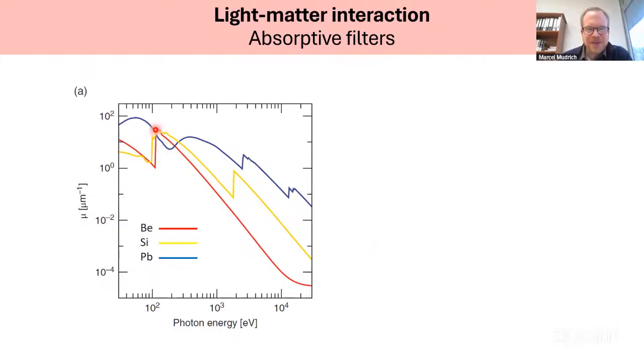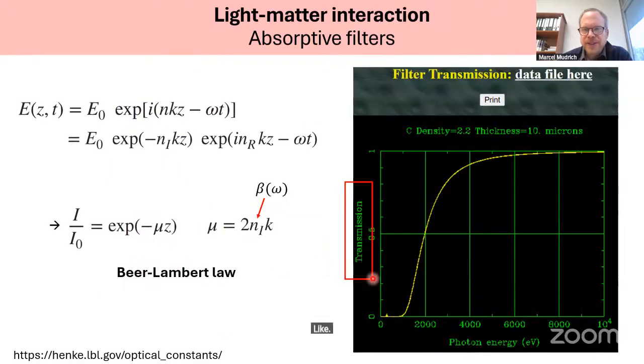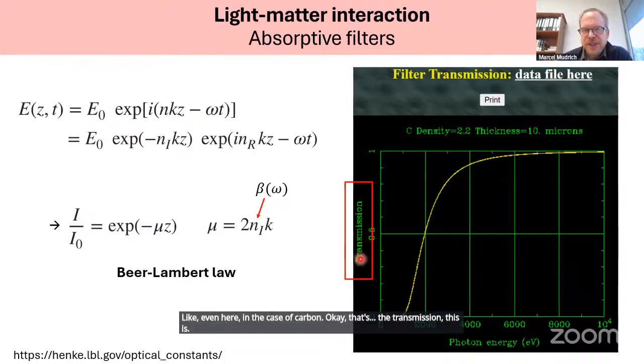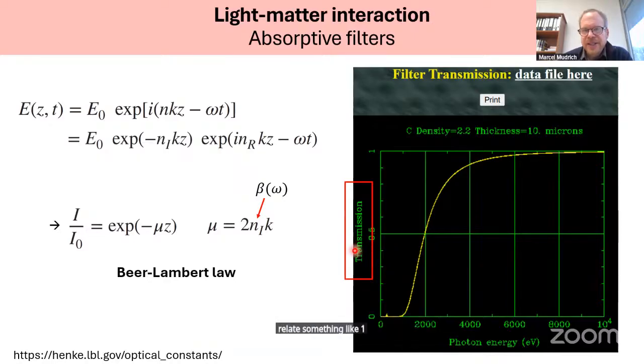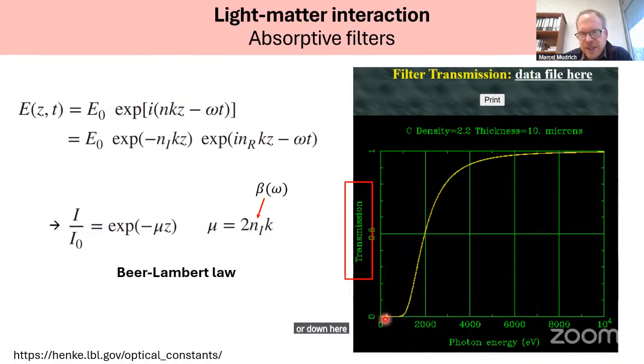Where do these steps come from? They seem to be material-specific properties. Even here in the case of carbon, that's the transmission. This is something like 1 minus the absorption coefficient. But even there, you can see a small peak up here or down here at 300 electron volts.